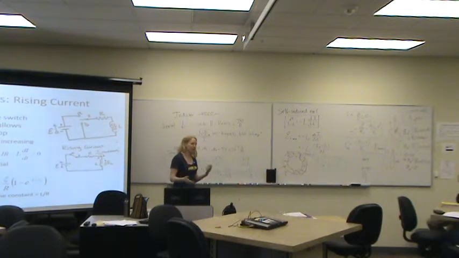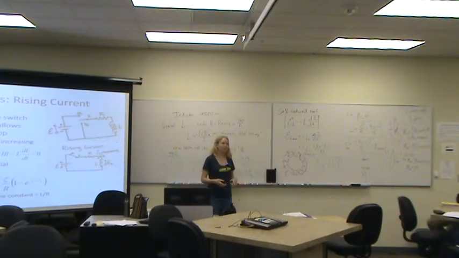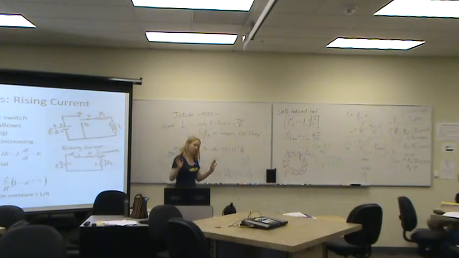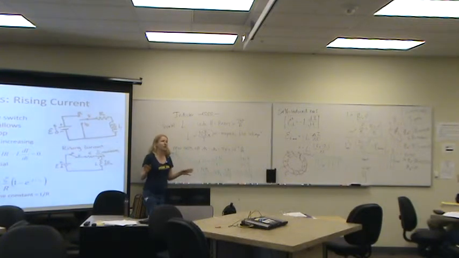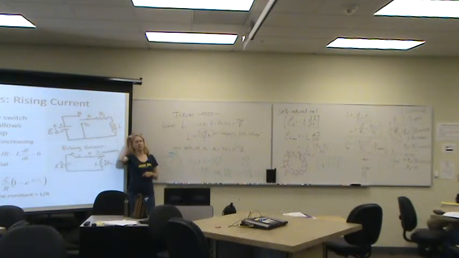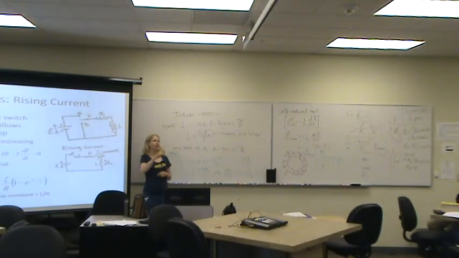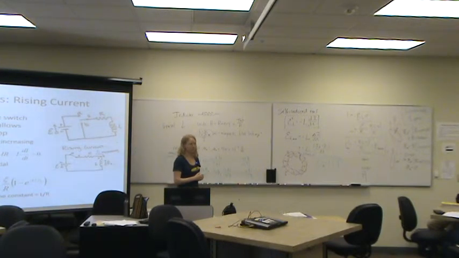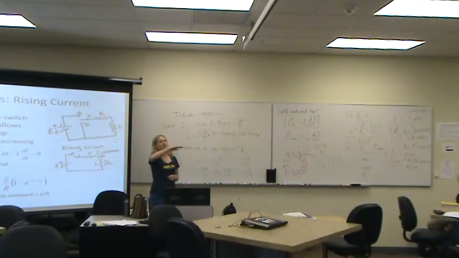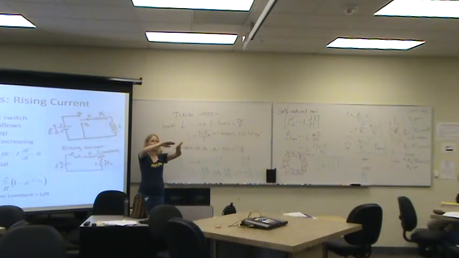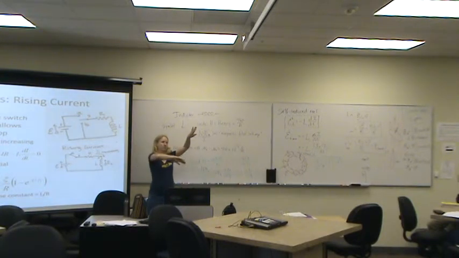As the current is not changing as rapidly, the inductor backs down, and the induced EMF gets smaller and smaller until the current is at steady state and we no longer have any induced EMF. So the current and the induced EMF are in opposition to each other.